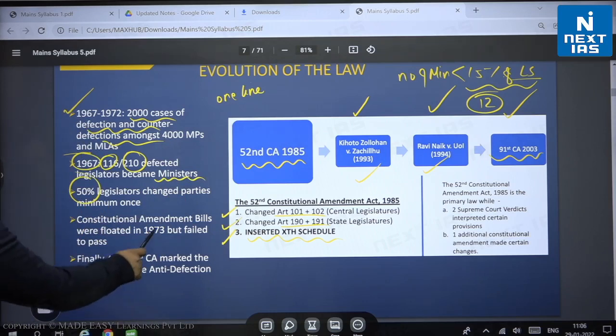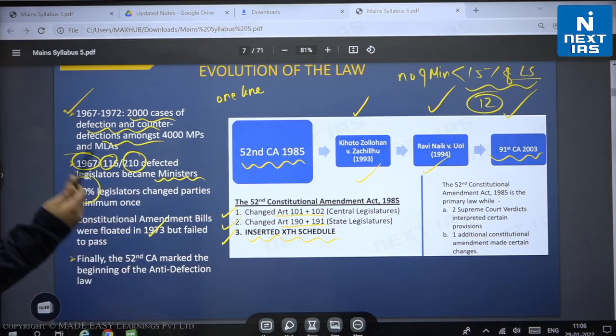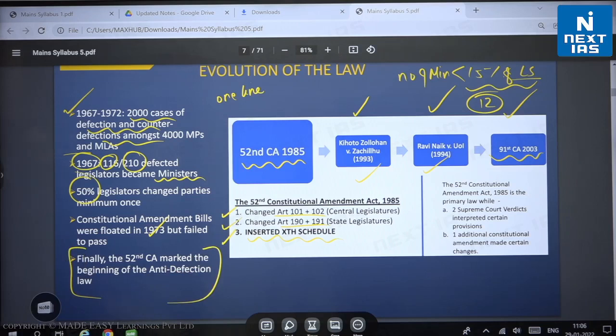And there were several attempts in 1973 to introduce it, but it lapsed तो लोकसभा डिसॉल्व, इमरजेंसी का टाइम आ गया था. एंड देन फाइनली you had the 52nd constitutional amendment of 1985.